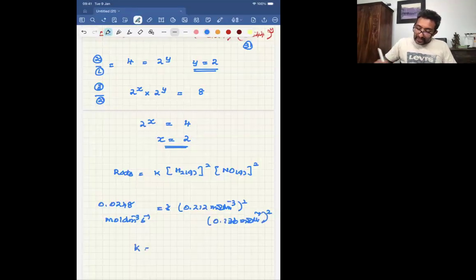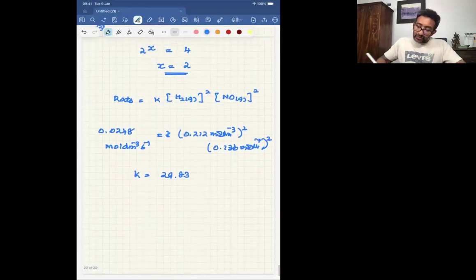What is k? k is equal to 0.0248 divided by 0.212 squared multiplied by 0.136 squared. That gives 29.83 dm^6 mol^-2 s^-1.